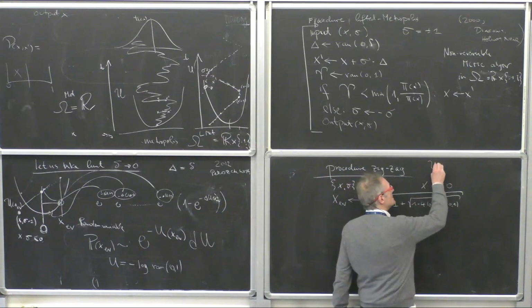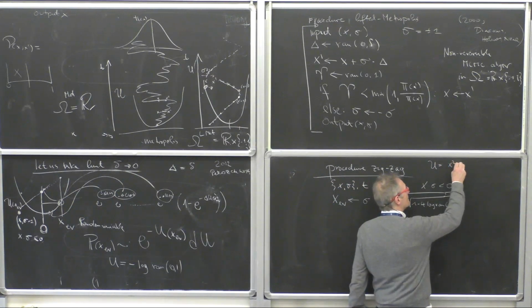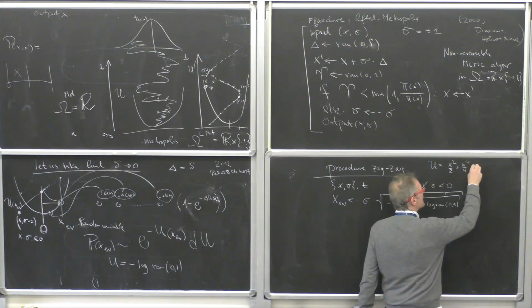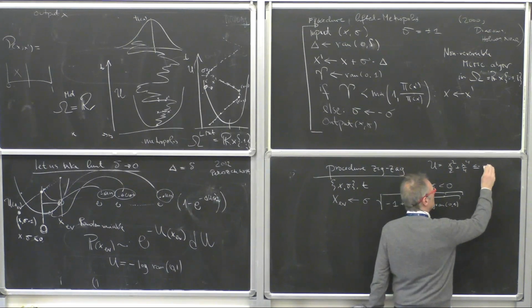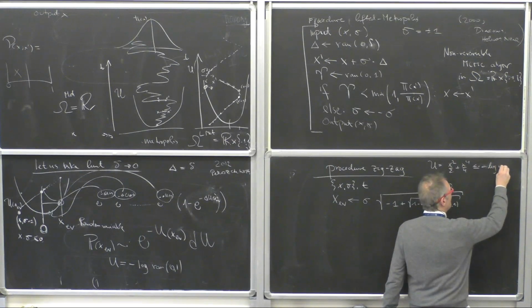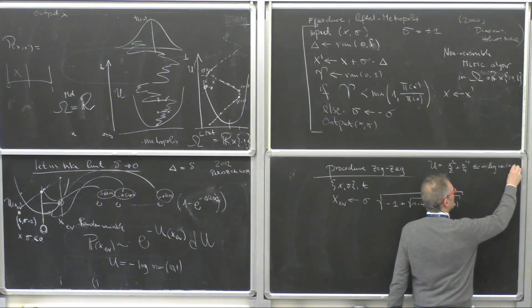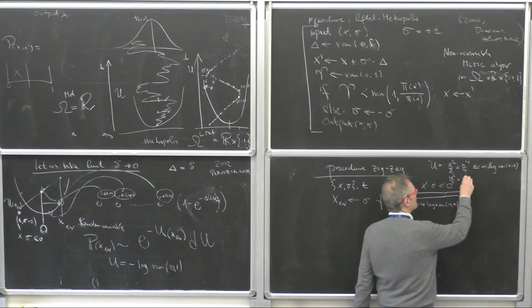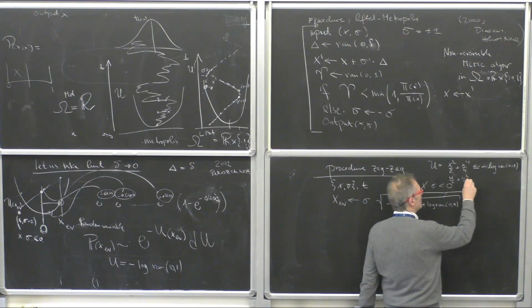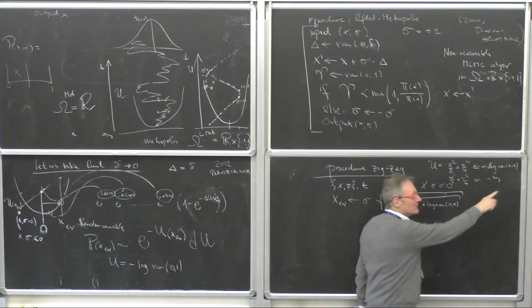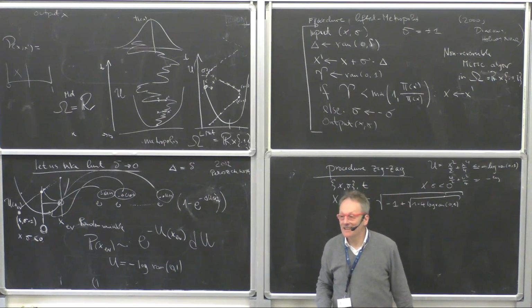I have u, which is x squared over 2 plus x to the fourth over 4, equal to minus log of a random number in (0, 1). I write this as u squared over 2 plus u squared over 4 is equal to minus log of the random number. Then I have a quadratic equation, okay?